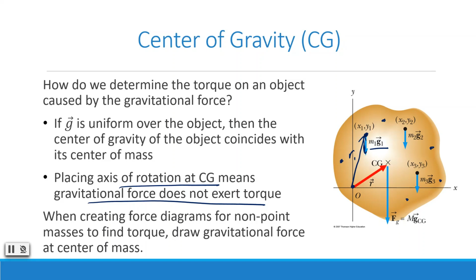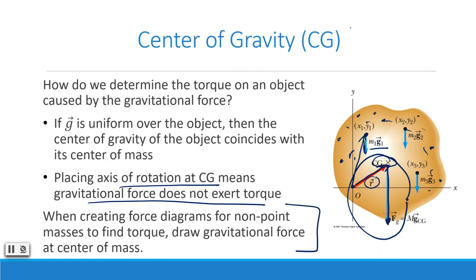If you were to add up all of those different torques from every infinitesimally small piece, the center of gravity is the point where, if you drew the gravitational force at that point, with R as the position vector to that center of gravity, the torque you calculate equals the torque you would get by adding up all of the little point masses. So we do this for any non-point object.